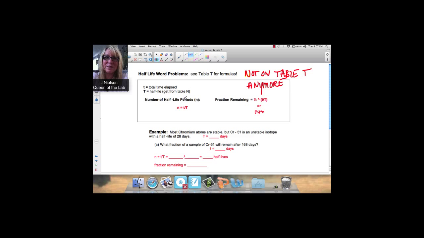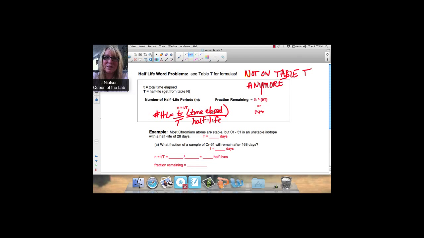You used to have one that said the number of half-lives is equal to little t over big T, where little t was the time elapsed and big T was the half-life that you would get from table N.